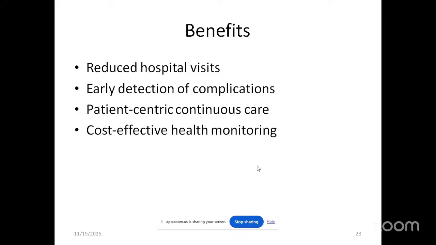Fourth is cost-effective health monitoring. Cost-effective means the patient does not have to pay for doctor visits and saves transportation costs. So this is a very cost-effective solution.